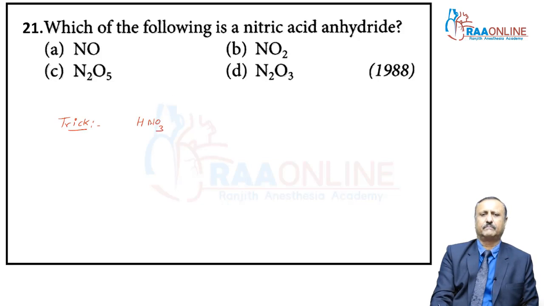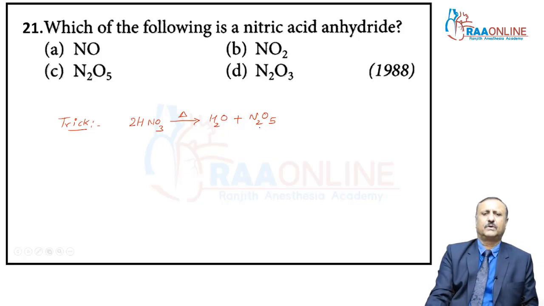First write the molecular formula and remove the water molecule. Here H2 is not present, so you take twice H, H2 is removed and you get N2O5. So my dear students, you get N2O5, nitrogen pentoxide.